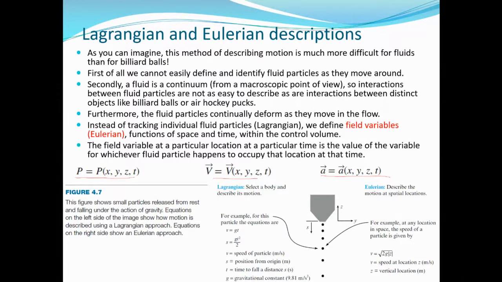Okay, so for this particle, for example, the equations are v equals gt, because they are released from rest, so initial velocity u equals 0. Remember, in dynamics, v equals u plus gt, and they are under gravity, so acceleration is g. So u is 0.